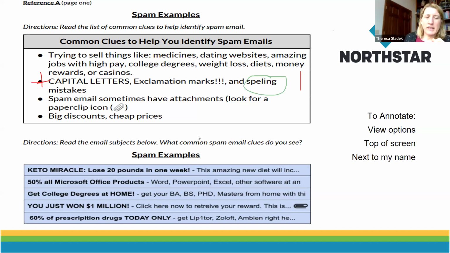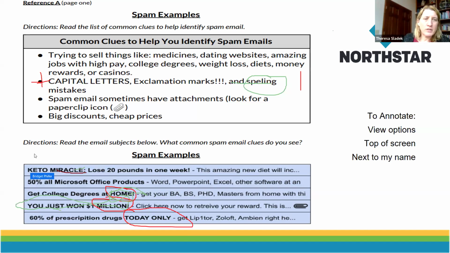Great. All right, now as we look again at our spam examples below, go ahead and underline or circle all those that you see that are in all capital letters. Today only. You just won 1 million. At home. Keto miracle. Great. All right.